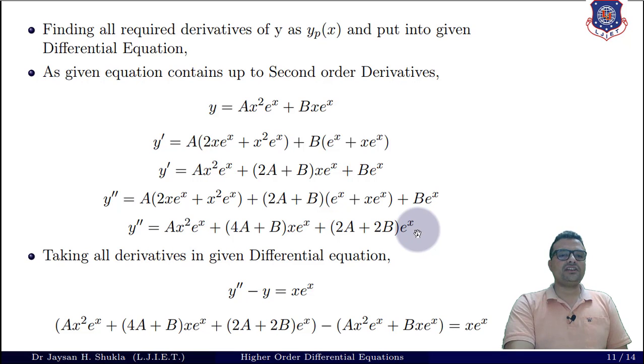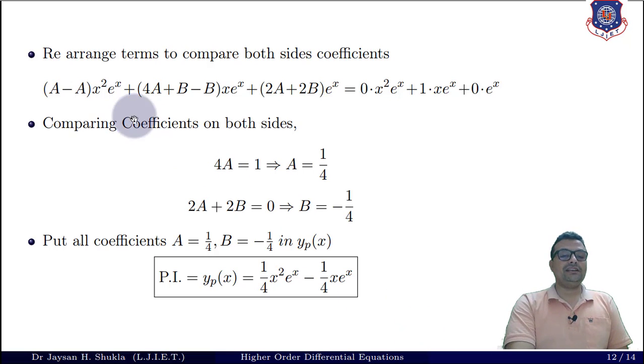Taking all these three, y, y dash, y double dash, onto the left hand side of the differential equation will give me this possible combination. And then by separating the coefficients of x square e raised to x, x e raised to x, and e raised to x, and comparing with the coefficients on the right hand side, I get a minus a equal to 0.